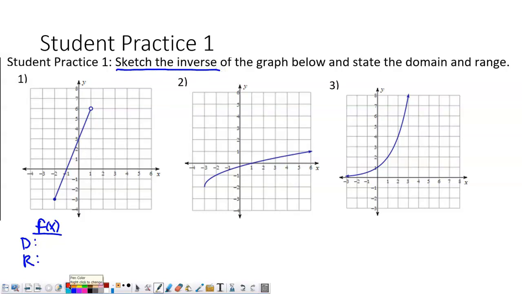And when you're done sketching the inverse, I would like you to state the domain and range of the inverse. And you're going to do that for all three of these. Okay? I'll go ahead and continue writing this stuff, but if you want, you can go ahead and pause the video and start working on it. And when you unpause it, I'll have the answer up for you.